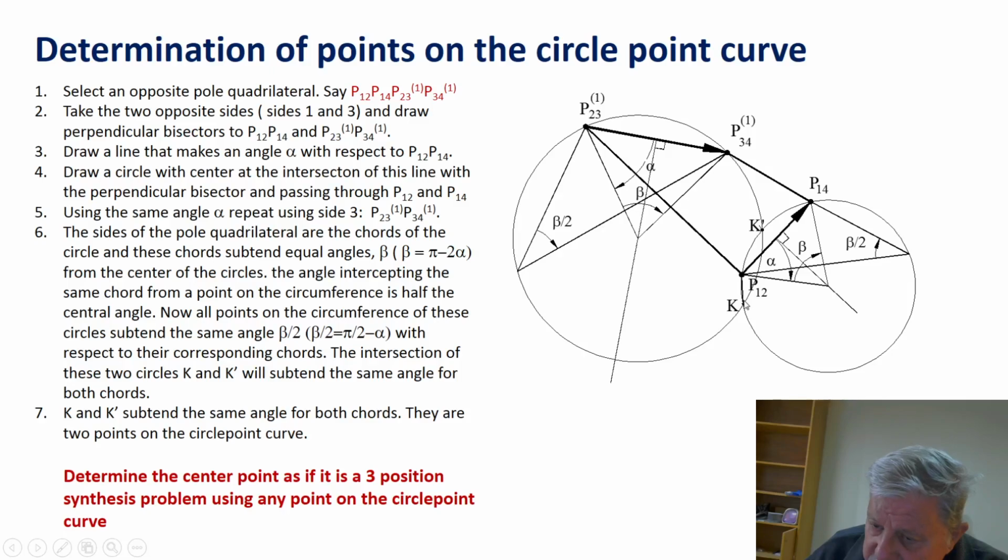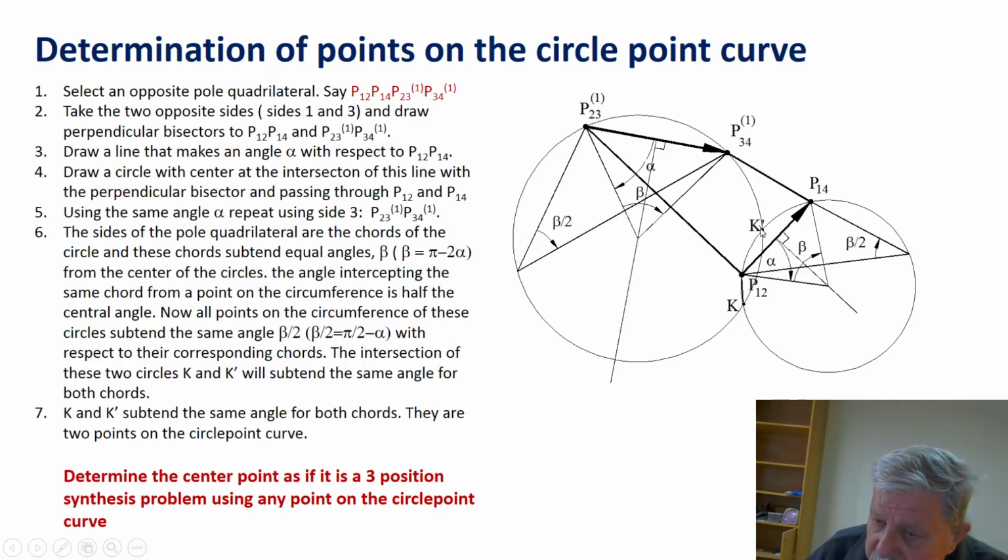The intersection of these two circles, K and K prime, consider this point and that point, they will subtend the same angle. This point K will subtend angle beta over 2 for side 3, and it will also subtend the same angle beta over 2 with the other opposite side, P12, P14, and in the same direction.